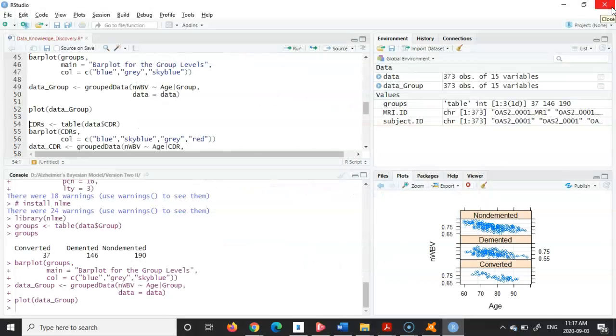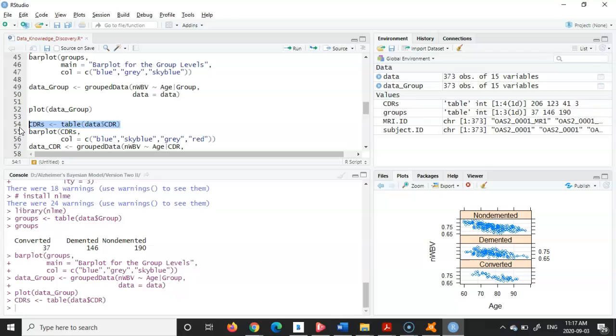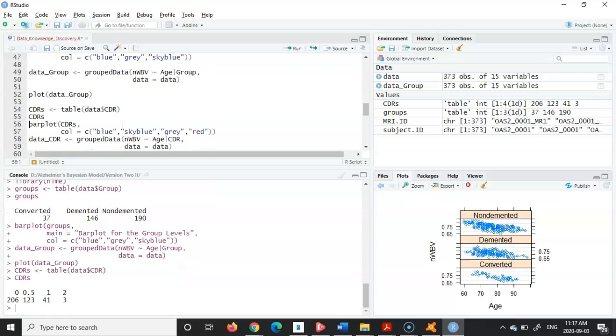Okay. And now on the next one, I'm going to move on to the clinical dementia rating, which is for this line. I'm just going to execute the line, CDRS, and you will see that you have 4 ratings. A 0 shows that the person is non-demented, and the score of 0.5 means mild cognitive impairment, and 1 and 2 refer to the most severe ones.